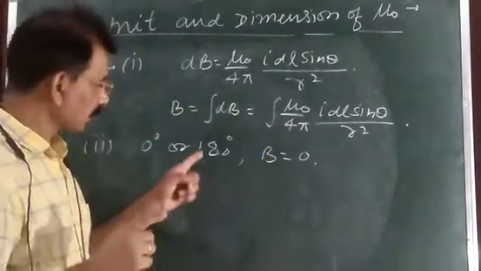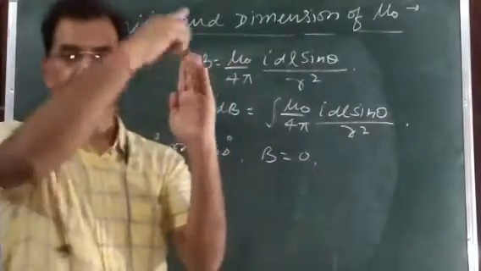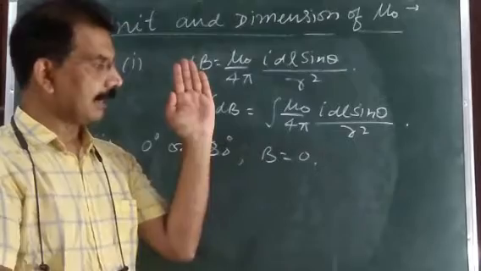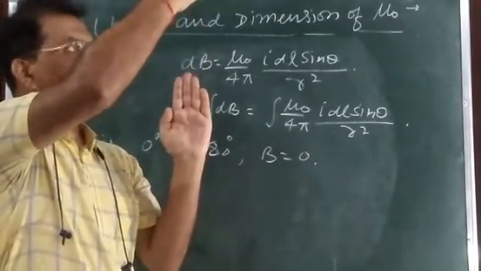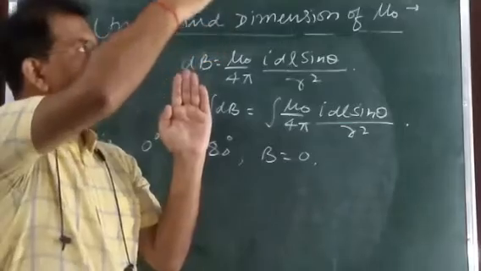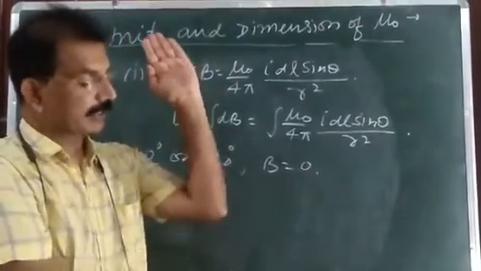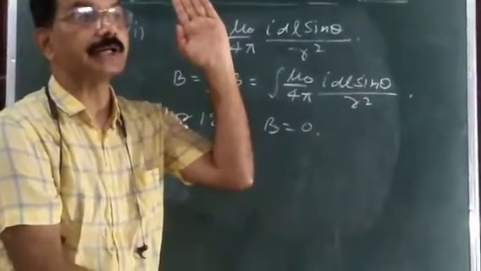Always remember this. Suppose this one is a current carrying conductor, carrying a current, and you are taking point P here. When you join any element through this point P, it makes angle 0 degree, or when you take it here, it will make angle 180 degree.